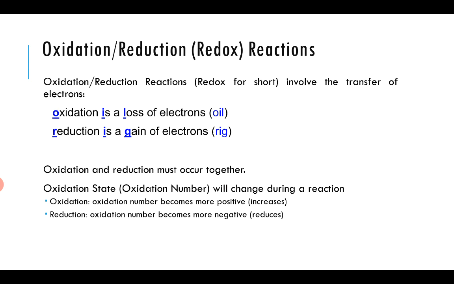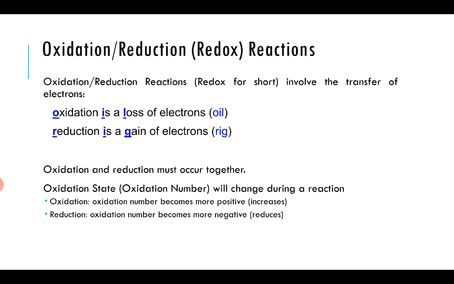Okay, our last type of reaction pattern are redox reactions. Redox reactions will get their own chapter later in the semester. Redox is short for oxidation reduction reactions. And so, unlike our double displacement reaction patterns, redox equations involve a change in oxidation state.